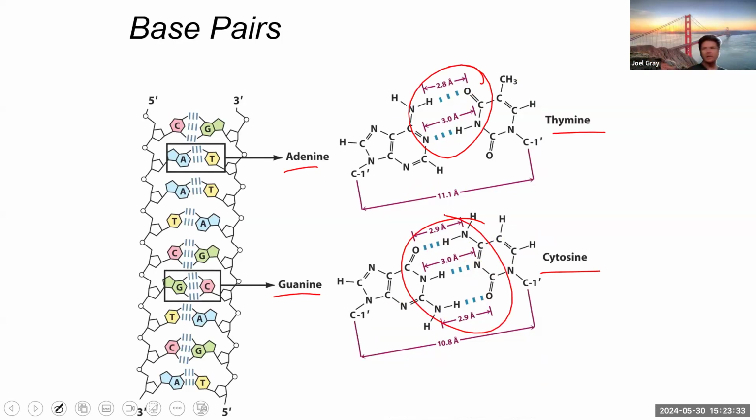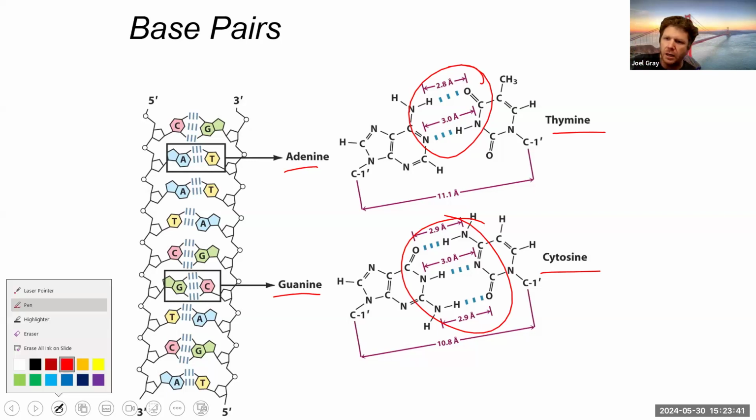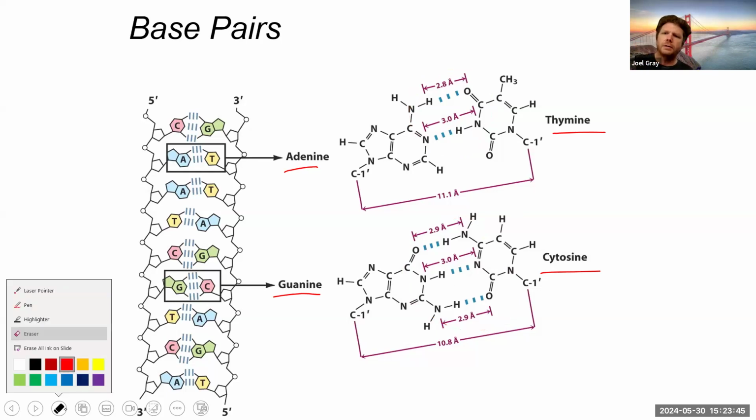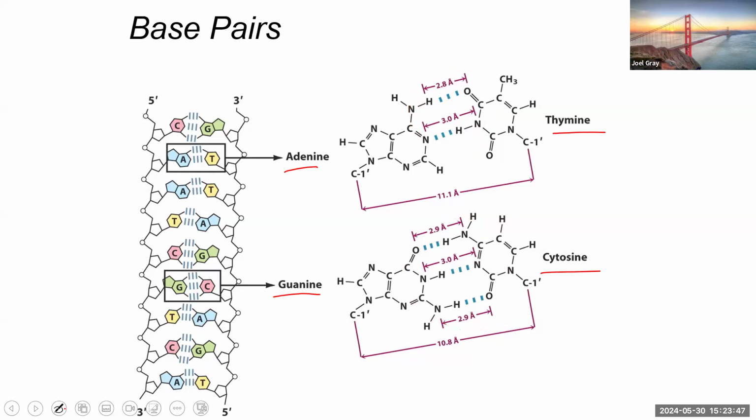I think that this is a good model to visualize and try to wrap your mind around, and think about the atoms that are involved in this bonding. Because when you do a quick glance at this, it's like, oh yeah, I got it, done. But then if you were to look at it and say, all right, which atoms are actually forming that bond? Then I think it's helpful to go back and say, okay, this is carbon number 1, or this is nitrogen number 1. Then where do I go?